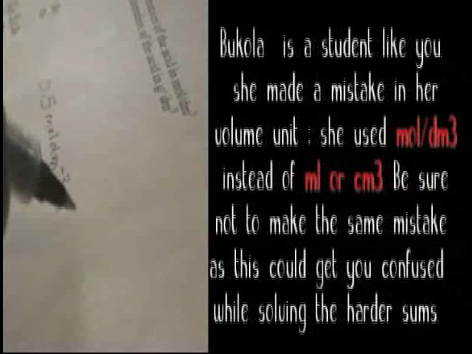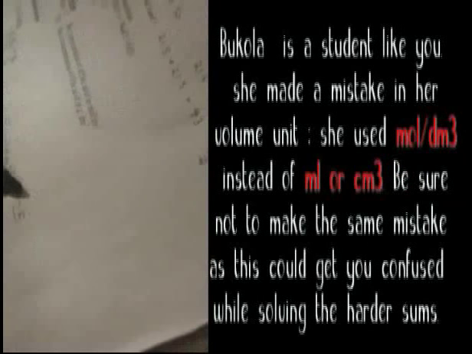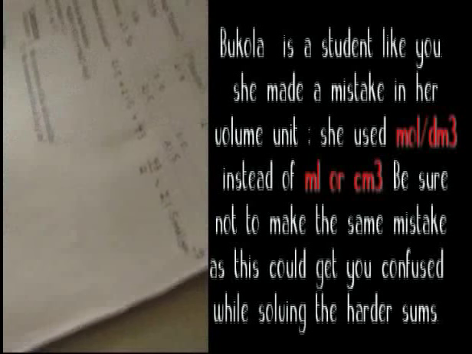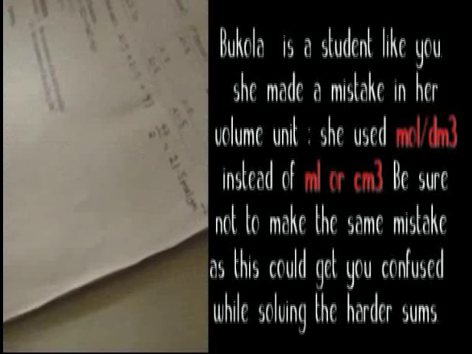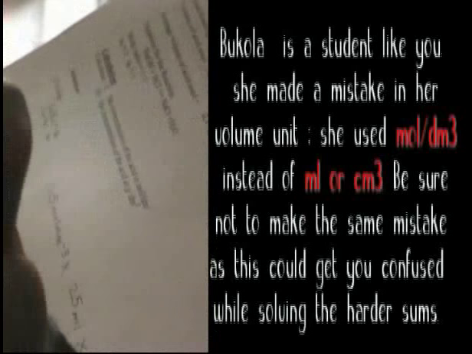So, the concentration of the base is 0.5 moles per dm cubed, times the volume of the base used, which was 25 milliliters, times the number of moles in the equation, which is 1.